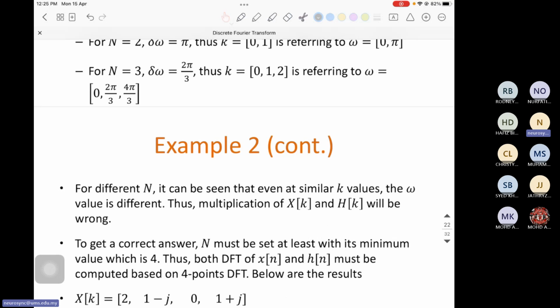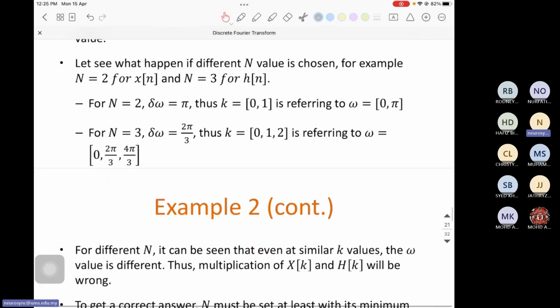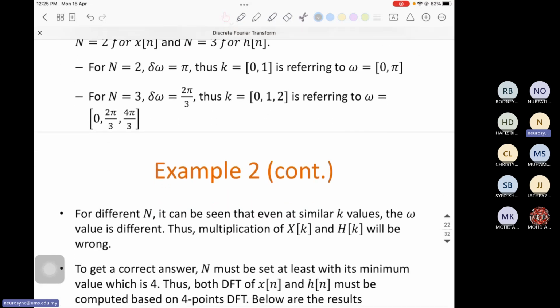Okay. So therefore for different n, it can be seen that even at similar k values, the omega value is different. For k equal to 0, it is 0, but for k equal to 1, it is pi in the first case. But in this case, for k equal to 1, it is 2 pi by 3.